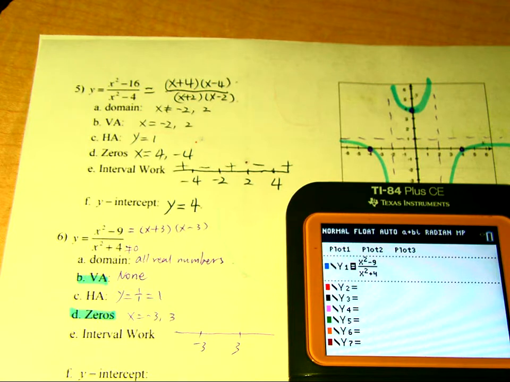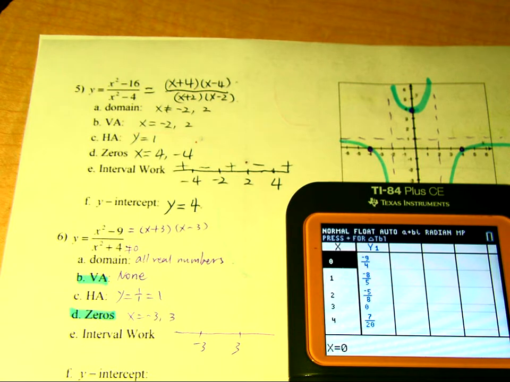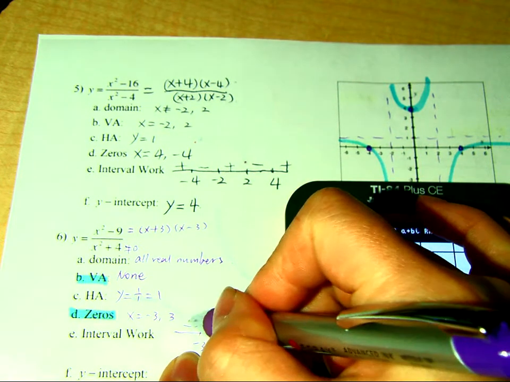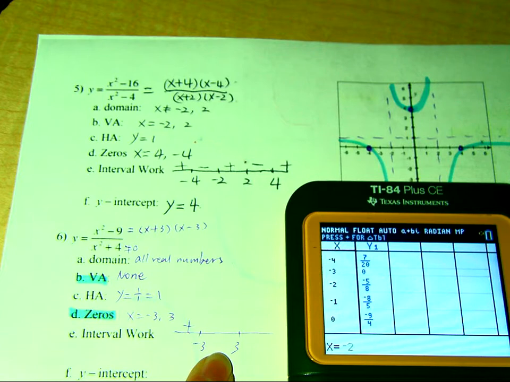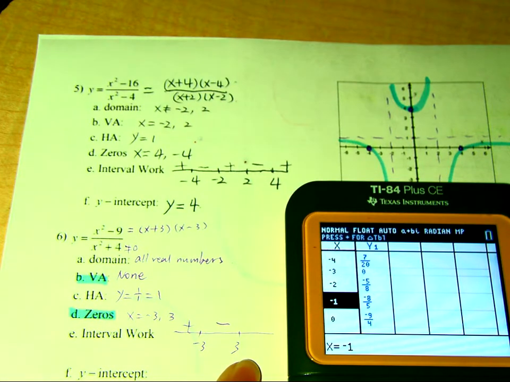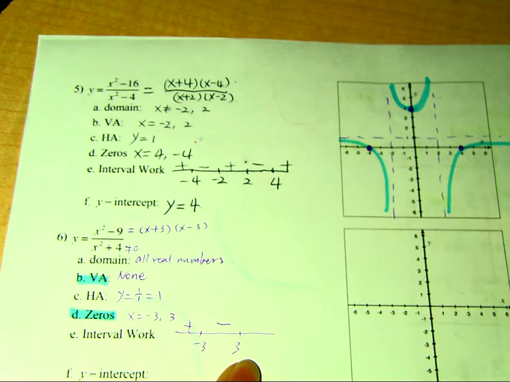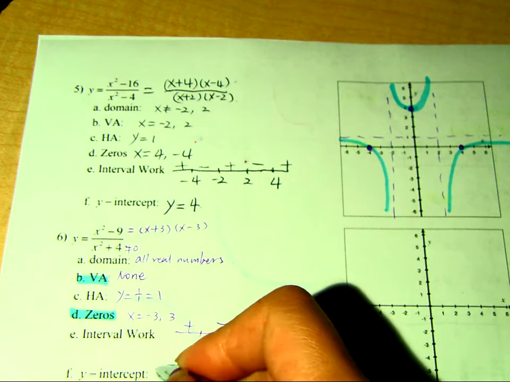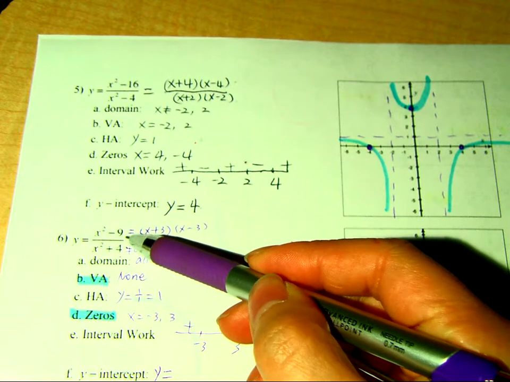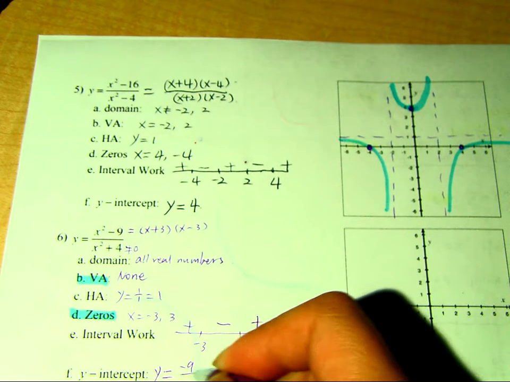And then table. Before negative 3, it's a positive. Between negative 3 and 3, it's a negative. After 3, it's a positive again. And the y-intercept is when x equal to 0, and the y value will be negative 9 over 4.